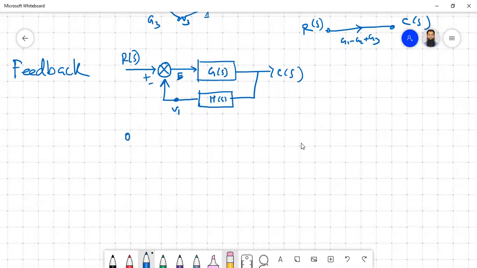So R of S, then you have E, then you have C of S, then you have say V1.